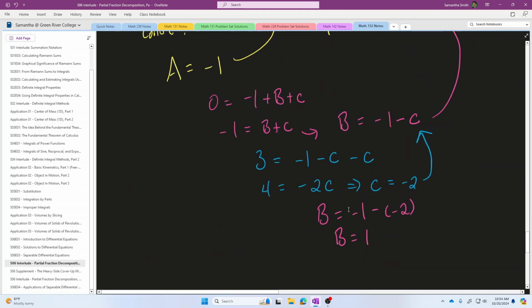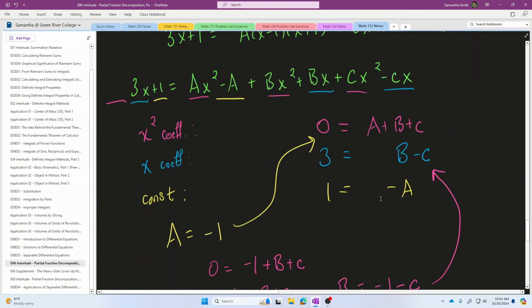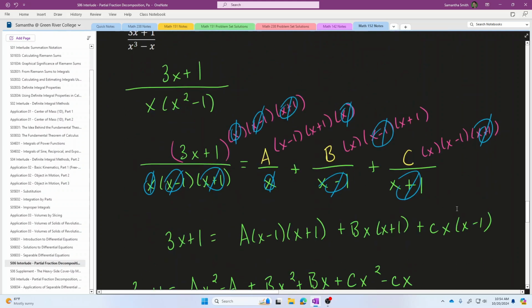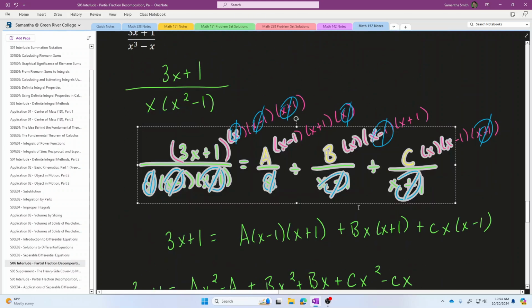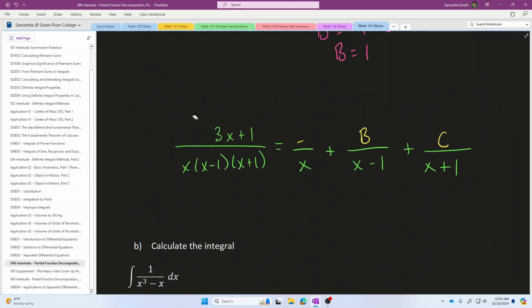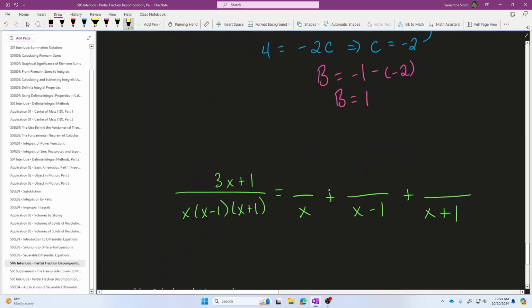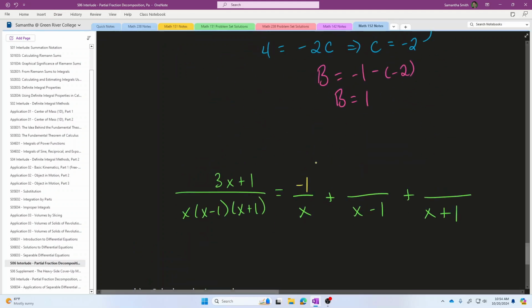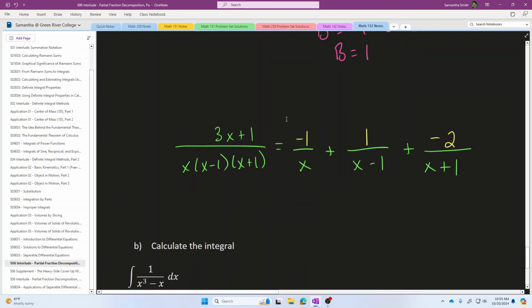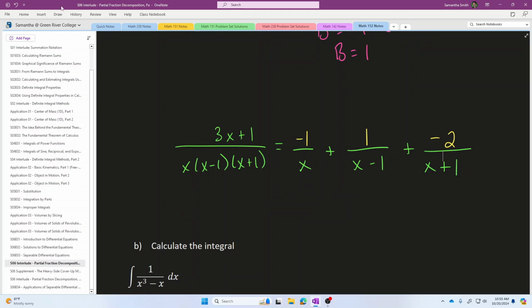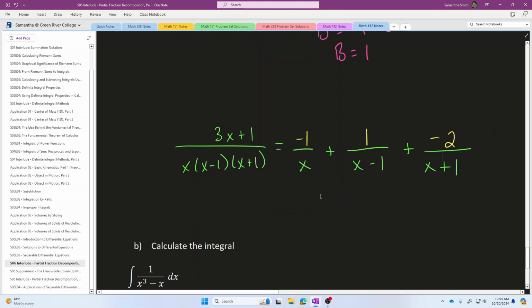So having found the values that I need for a and c and b, all I have to do is go back into this template that I set up earlier and replace a and b and c with the values that I've just found. A is minus 1, b is positive 1, and c is negative 2. And so this expression here on the right side would be the decomposed version of the original complicated fraction.